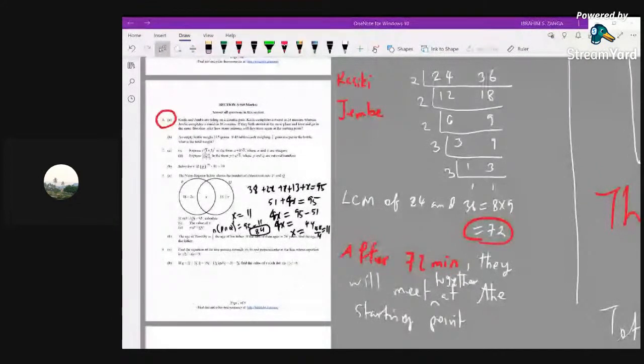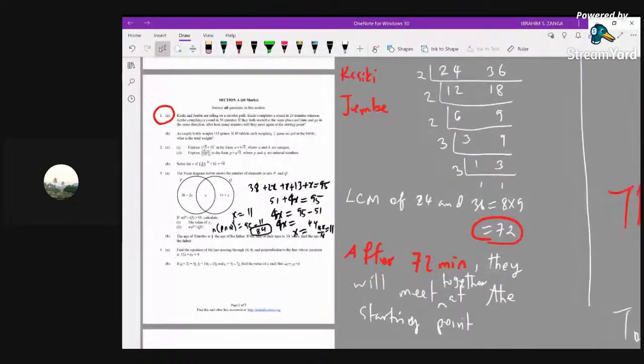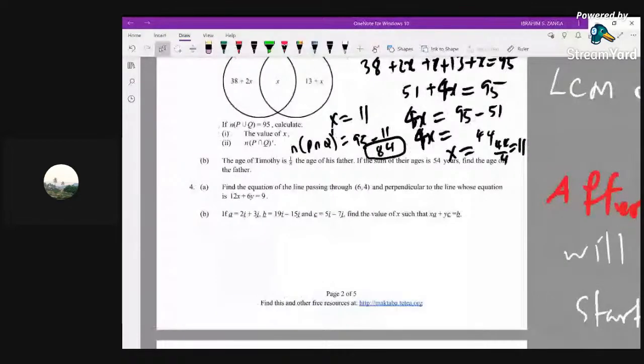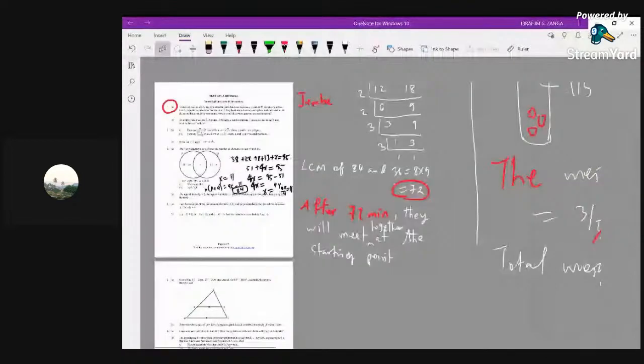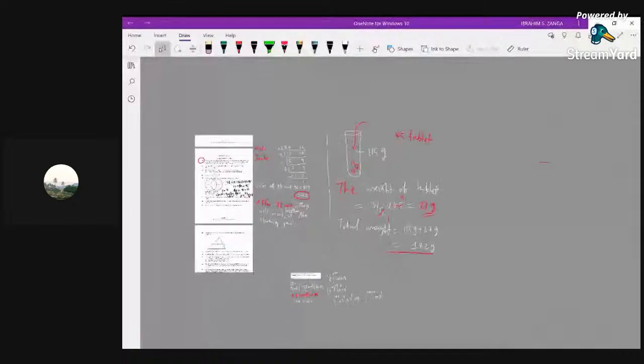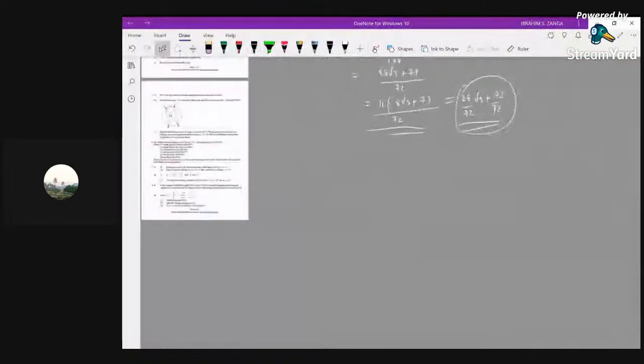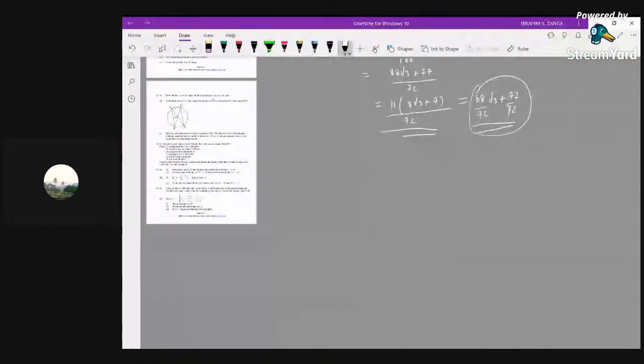We proceed with question number 3B. The age of Timothy is 1/8 of the age of his father. Okay, so we have Timothy and we also have his father.